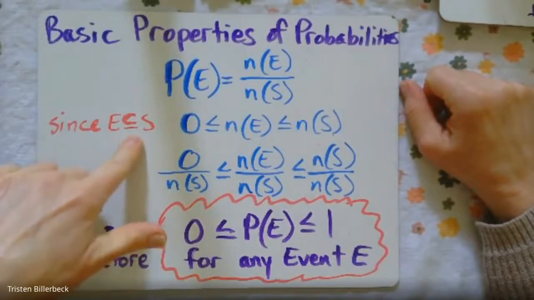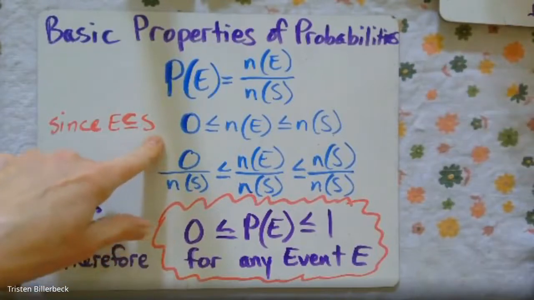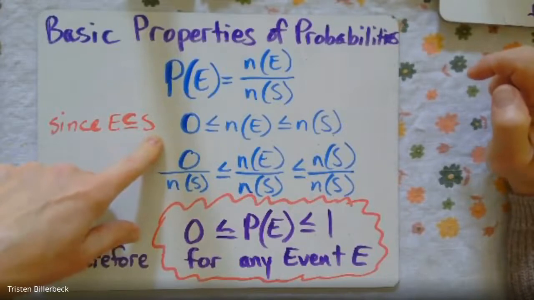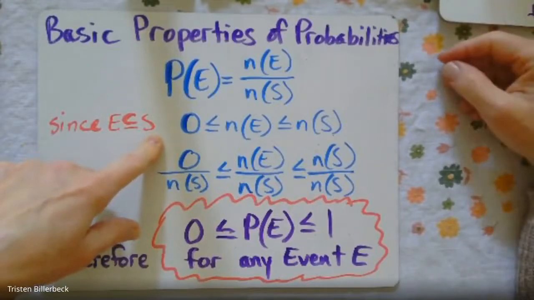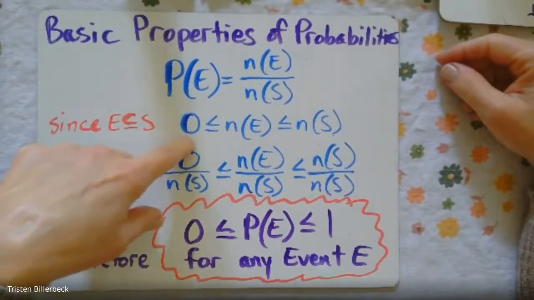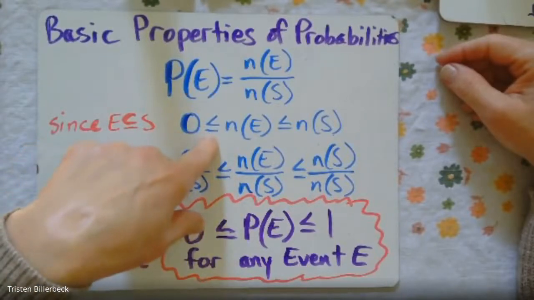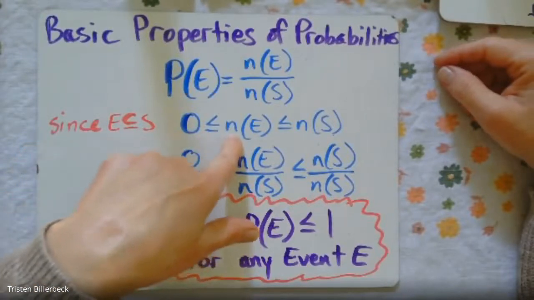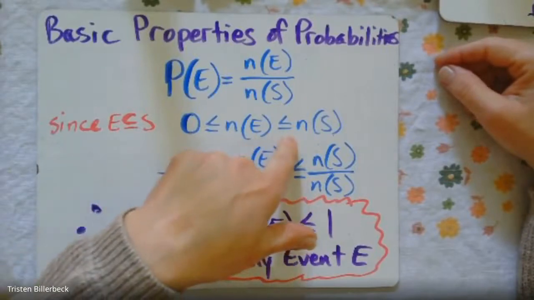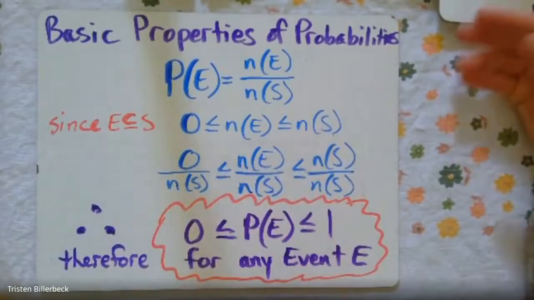Since E is a subset of S, so it's a part of S, maybe not all of S, it could be all of S, but actually it could be 0 elements in S and still be a subset. So we have 0 is less than or equal to the number of outcomes in event E, which is less than or equal to the number of outcomes in the sample space.